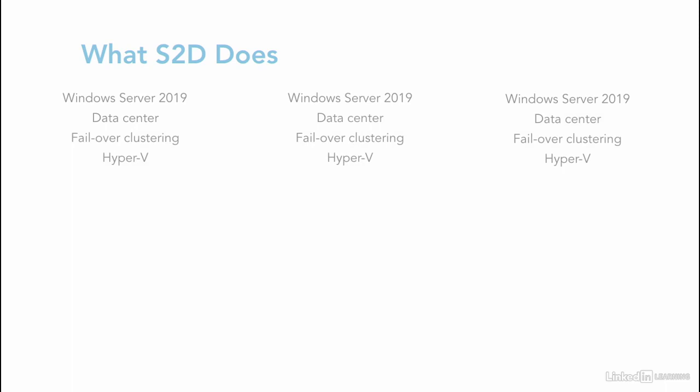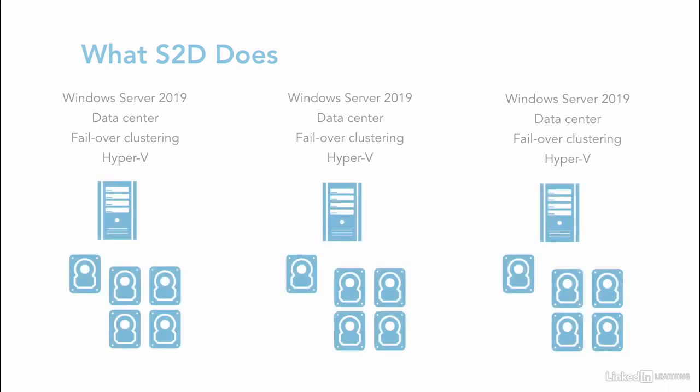Storage Spaces Direct allows you to cluster multiple servers specifically for storage purposes. Let's say these 3 Data Center Edition servers have the failover clustering role and the Hyper-V role installed.